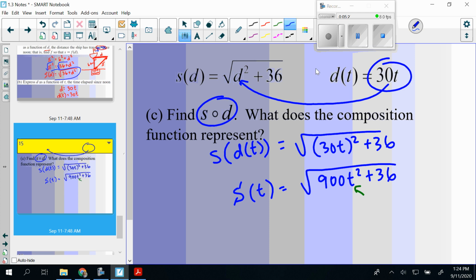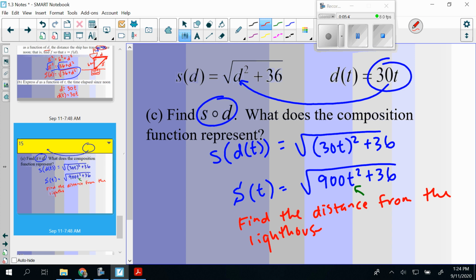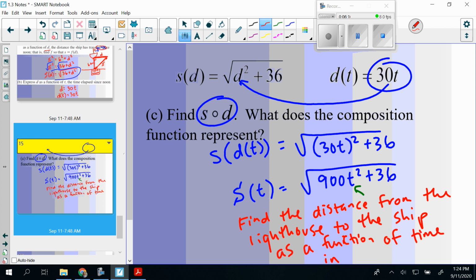So what this can tell us is the distance from the lighthouse to the ship, by plugging in the time, as a function of the time in hours since noon.